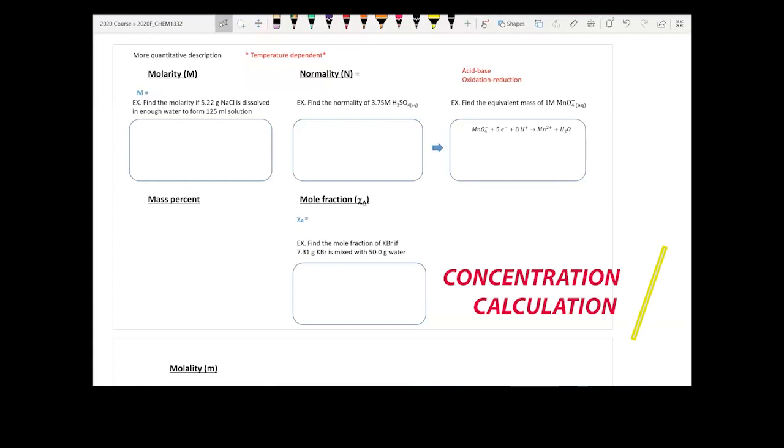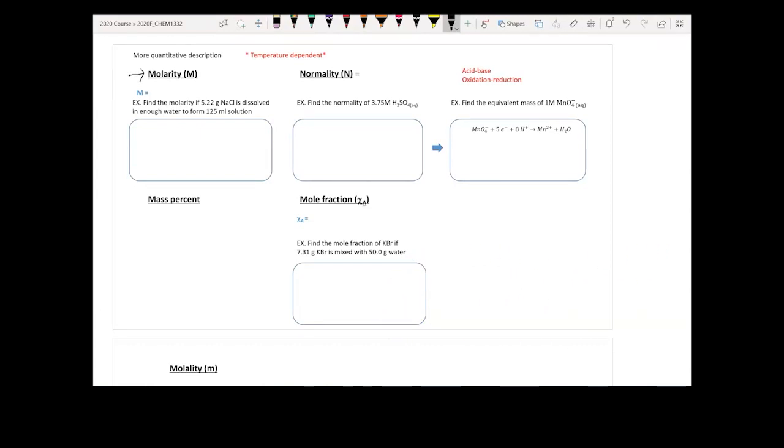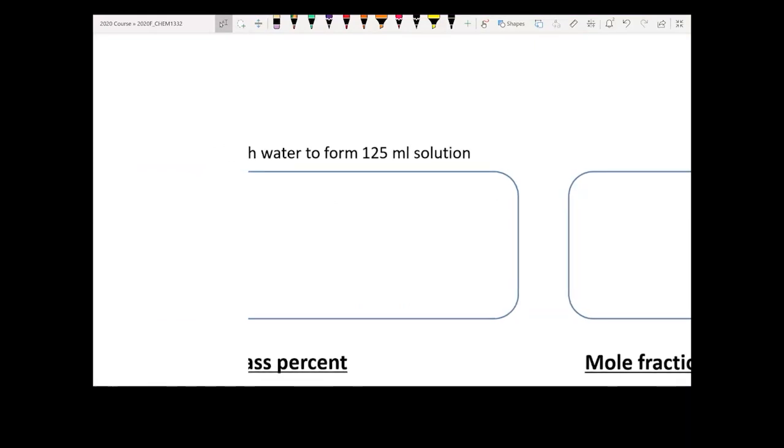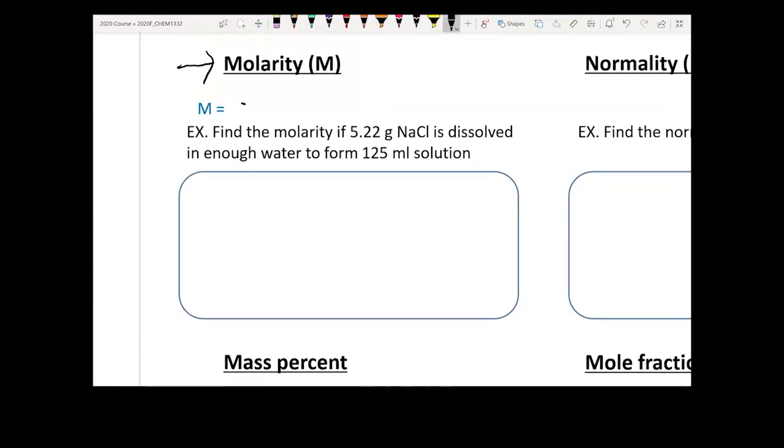The first concentration we are going to talk about is molarity, which you already know for a long time. The definition of molarity is the number of moles of your solute divided by the volume of your solution.